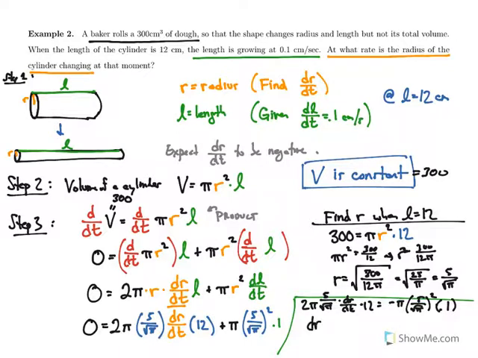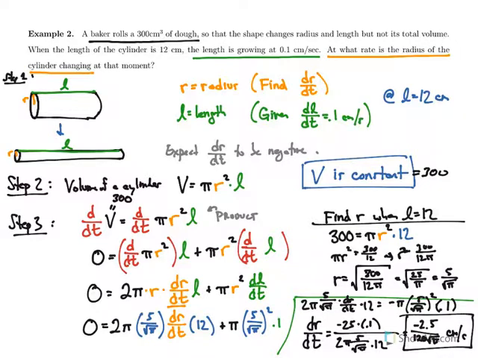So dR/dt, what we're looking for, is going to be negative pi times 5 over square root of pi squared, which is negative 25, times 0.1, all over 2 pi times 5 over root pi times 12, which we could write as maybe negative 2.5 over 120 square root of pi centimeters per second.